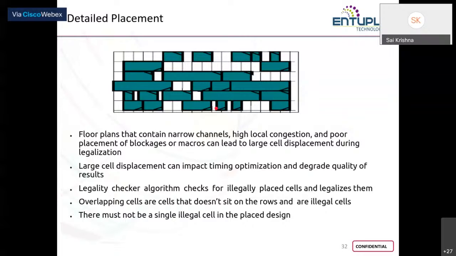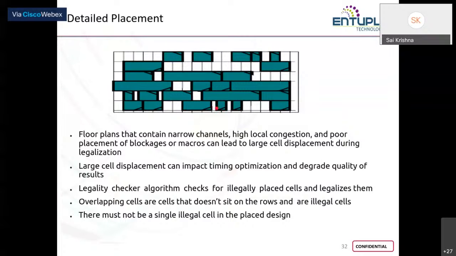But if there are pins, then there should be certain spacing given. If only one of these two faces contains a pin, then maybe 2 or 3 microns could be enough. If both the faces contain pins, then we need more space, so maybe some 5 microns is required.